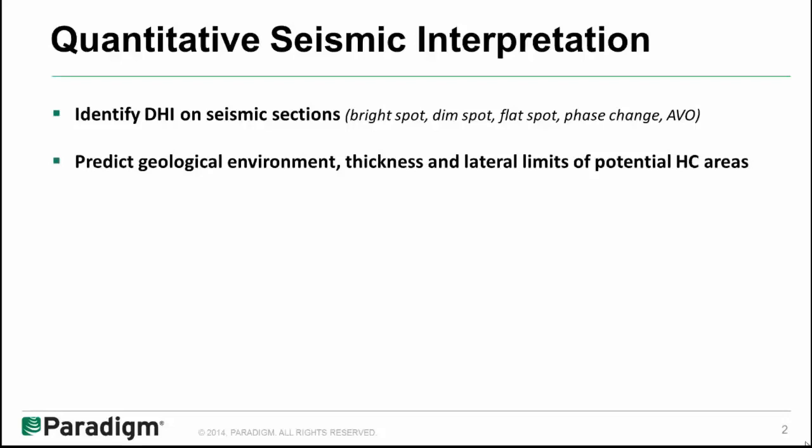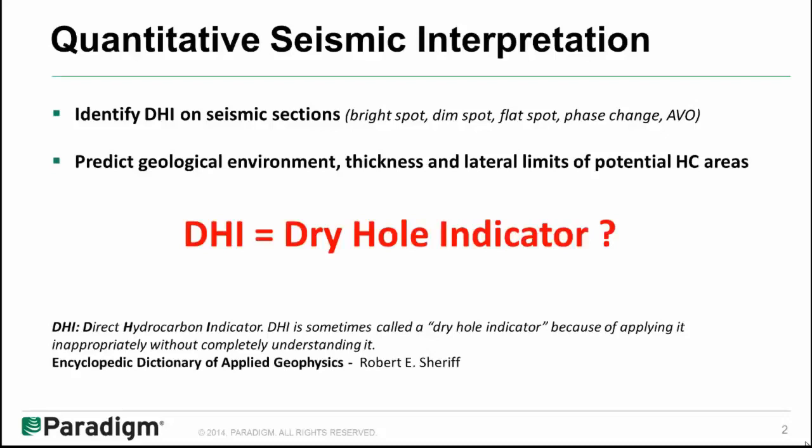Unfortunately, what appears to be a typical seismic response from a hydrocarbon accumulation is sometimes caused by something completely different, and geophysicists who have experienced these unfortunate results have had reason to label DHIs as a dry hole indicator. So, to separate false DHIs from true DHIs and correctly predict the actual geological conditions that have caused a true DHI is one of the most difficult tasks that geophysicists face today.